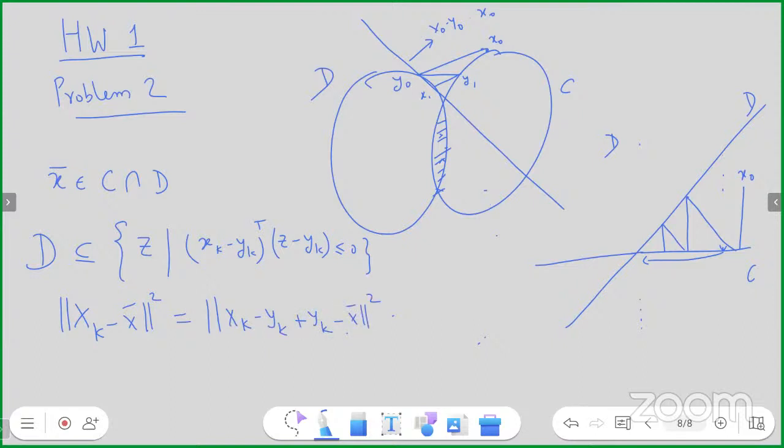So this will give me the norm of xk minus yk squared, plus the norm of yk minus x bar squared, and a plus 2 times (xk minus yk) transpose (yk minus x bar). What am I trying to do by doing this?